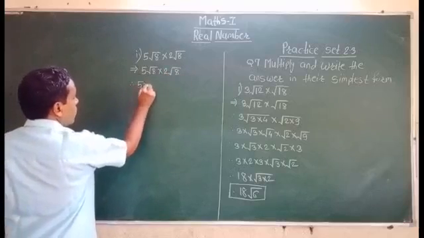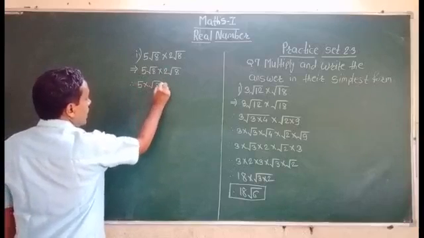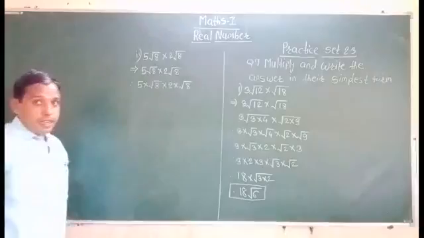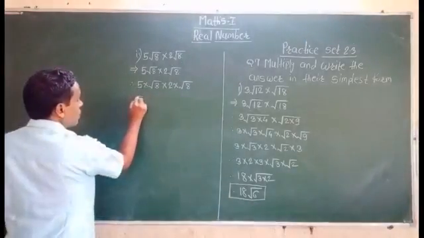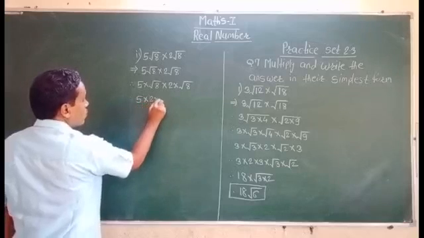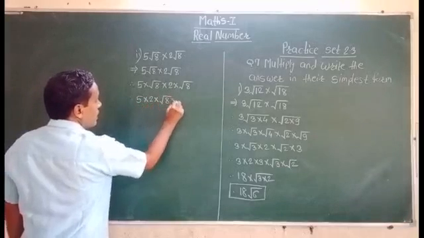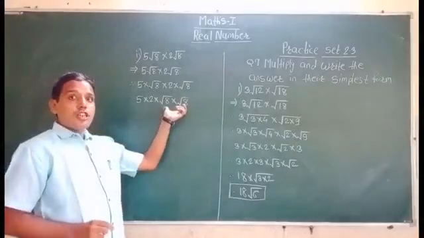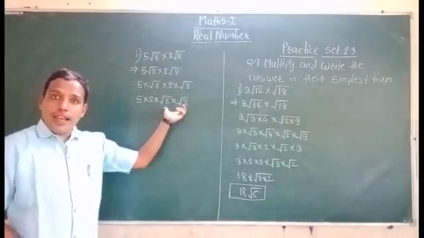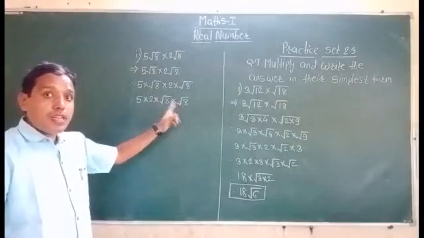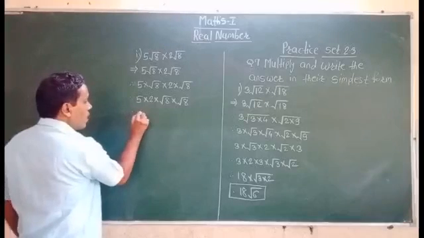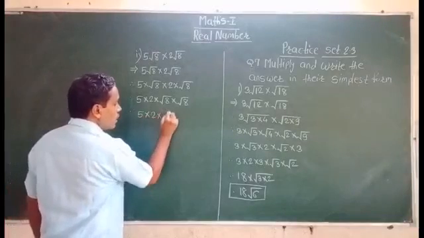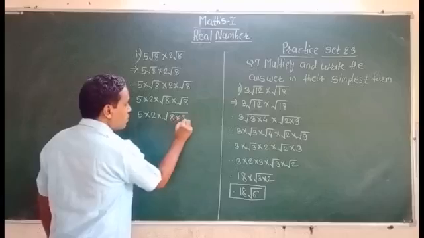Therefore 5 into surd 8 into 2 into surd 8. So we get the product of 5 into 2 into surd 8 into surd 8. Both surds show the same order, and that is why the multiplication takes place between them. So the answer is 5 into 2 into inner surd 8 into 8.